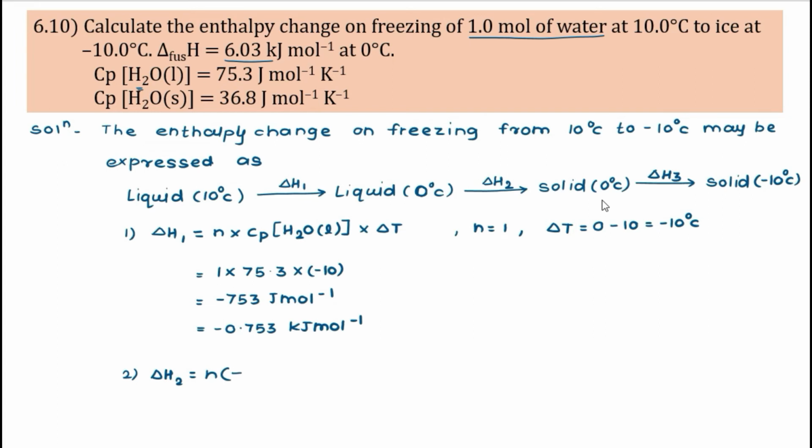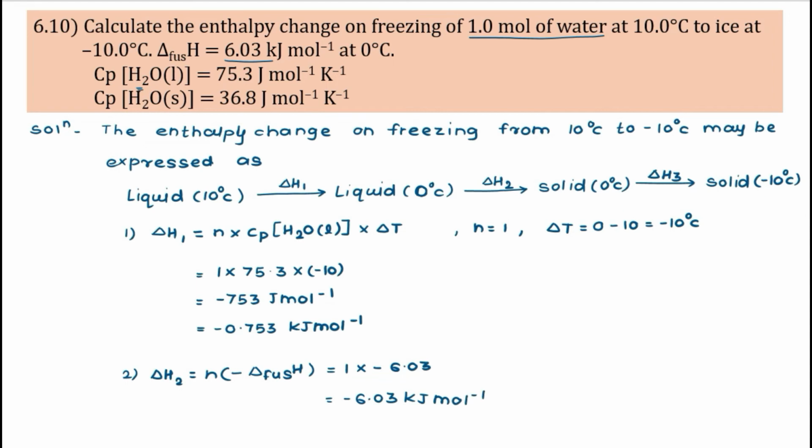It is a negative quantity, because in this process heat is given out from the system. So 1 into minus 6.03 kilojoule per mole. So the answer is minus 6.03 kilojoule per mole.